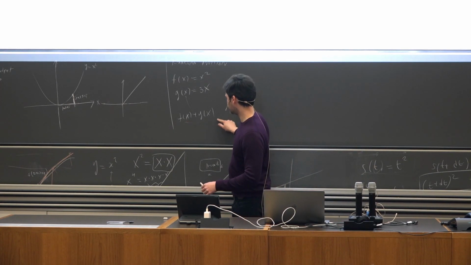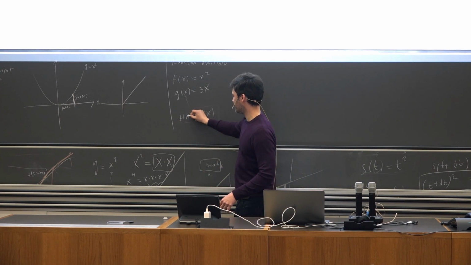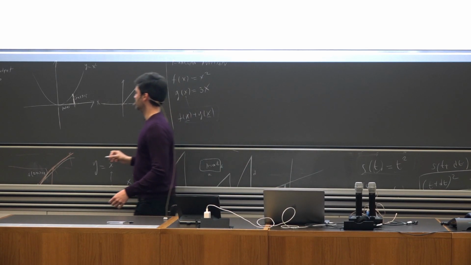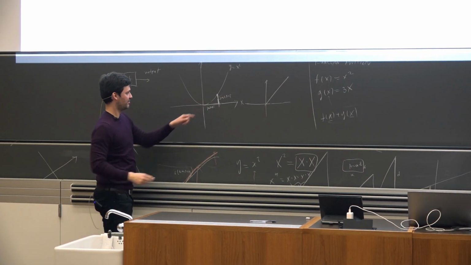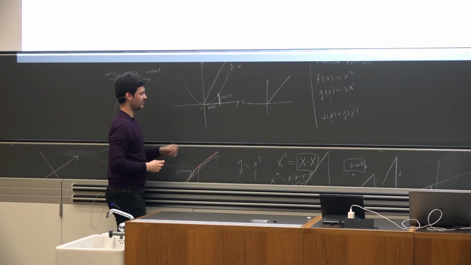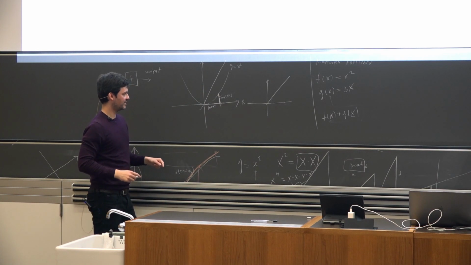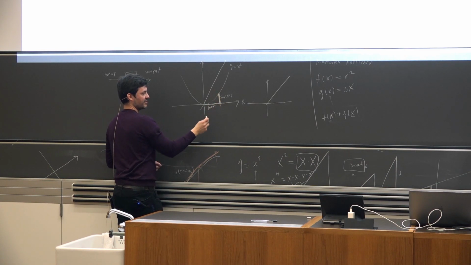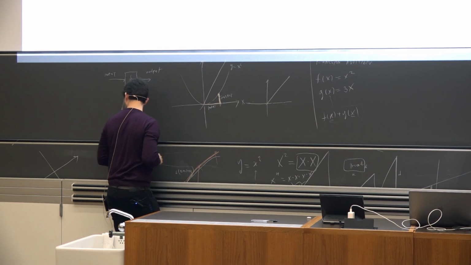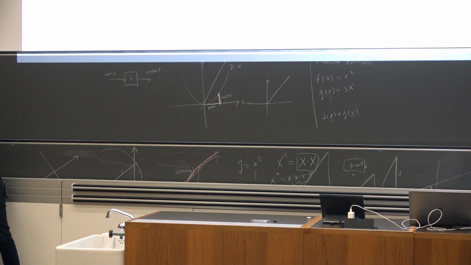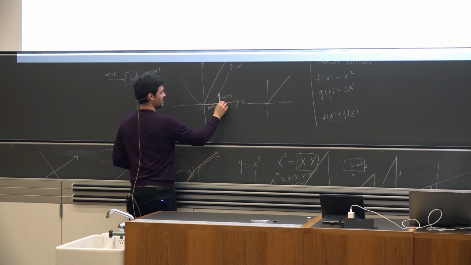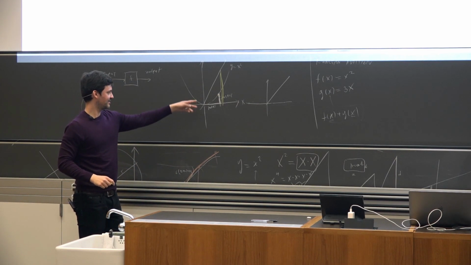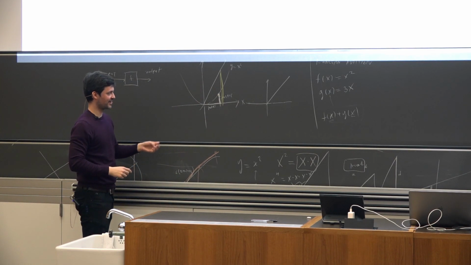Because in this expression both of them have x, this means that they are dependent on the same input. So they have the same input here, but there are two curves. One is x squared and one is 3x. If this is the input, then this is the output of x squared, and this here is the output of 3x. Of course, this is wrong, I mean, how it is graphed here.